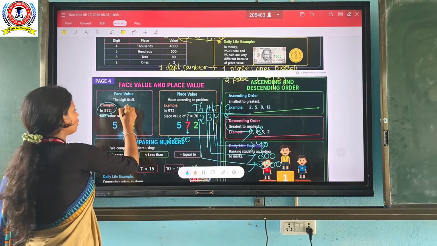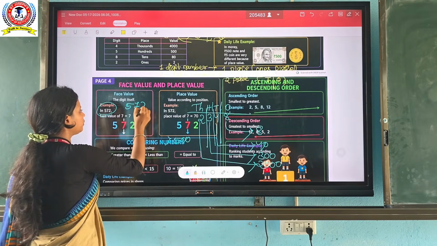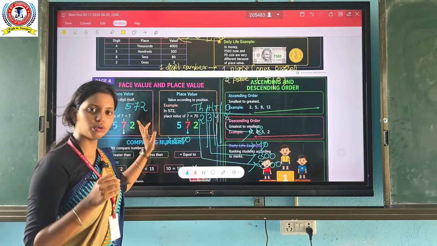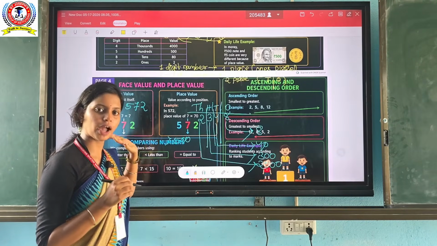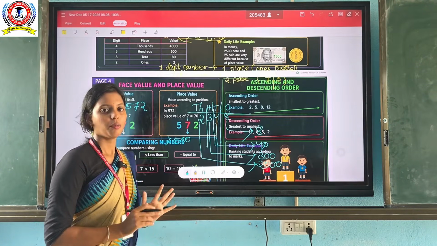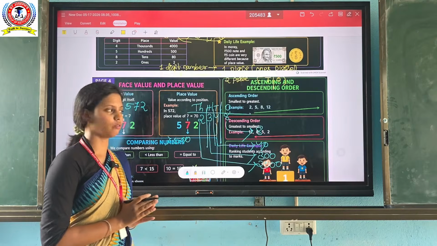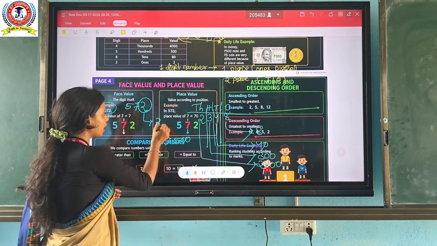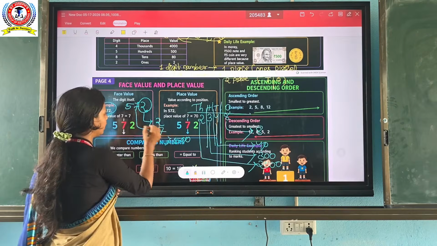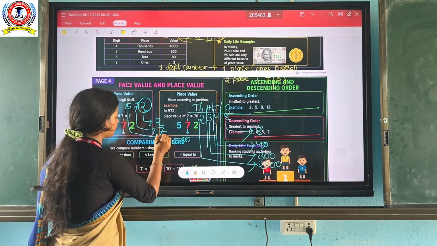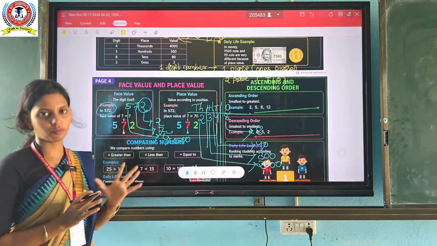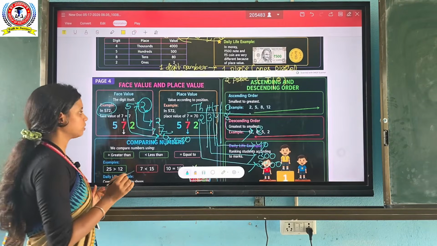So in the number 572, according to place value, 2 का place value 2, 7 का place value 70, 5 का place value 500. But according to face value, face means ऊपर से ये क्या है? ऊपर से ये 2 है, 7 है, so face value is the same. Face value is the same as that number. Okay. So next.